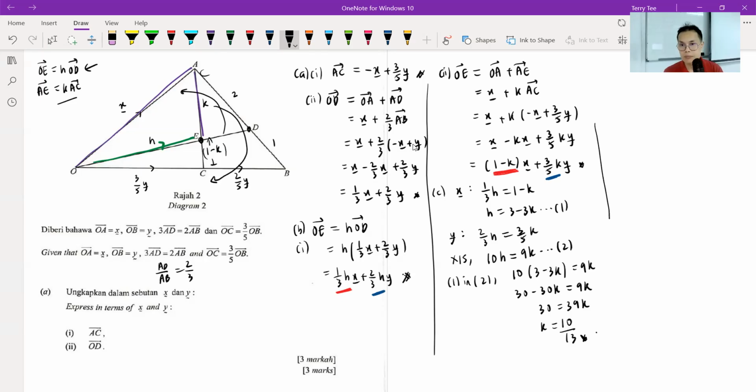My k is 10 over 13. As we sub into equation number 1, my h is 3 minus 3 times 10 over 13. So this is 39 minus 30, which is 9, so 9 over 13. If you're not sure, you can just use a calculator to double check.